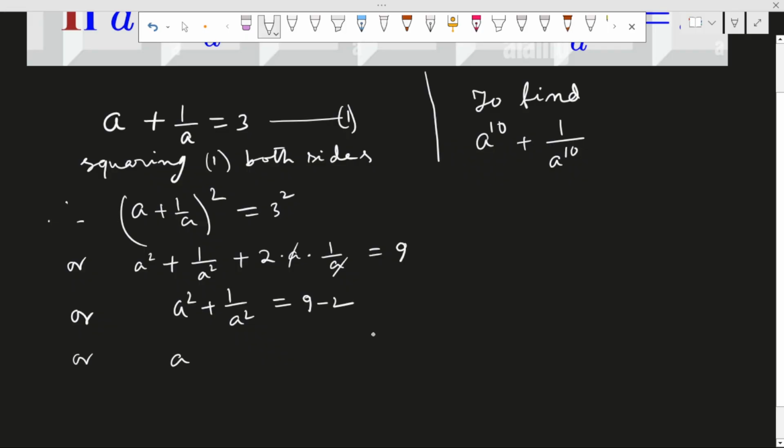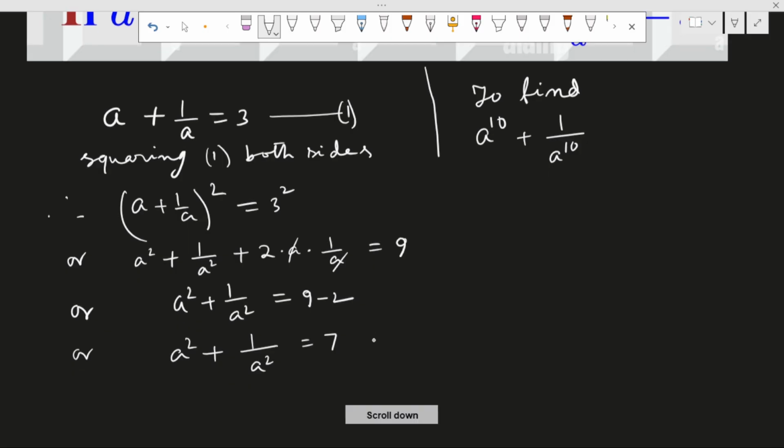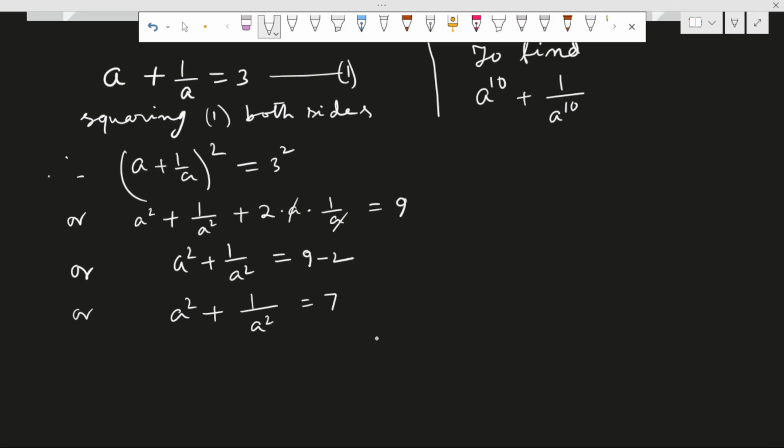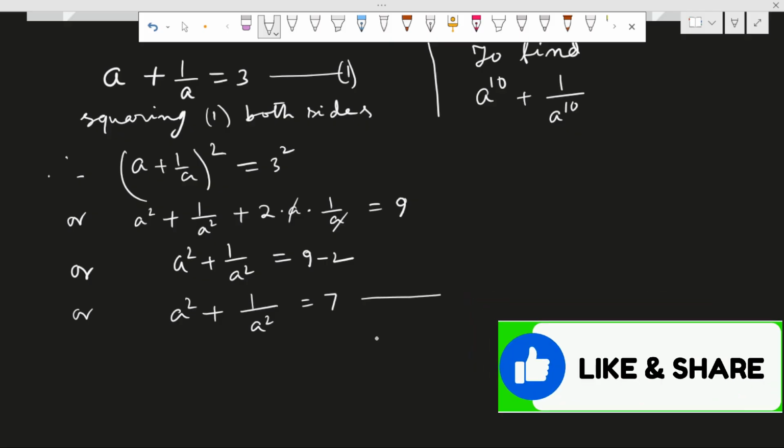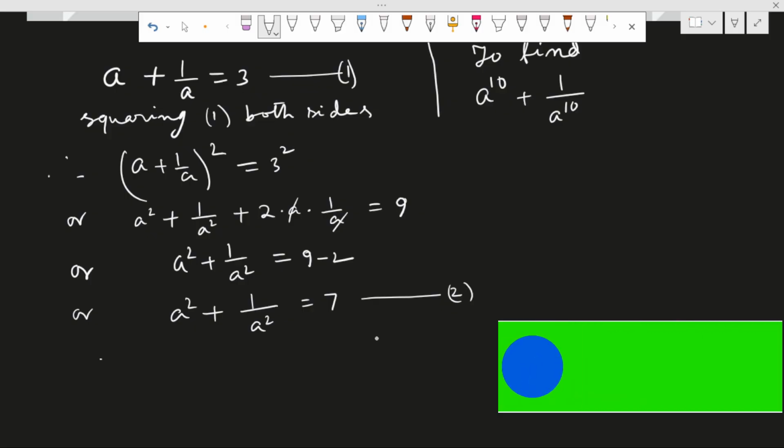Or a square plus 1 by a square is equal to 7. We will try to find a to the power 5 plus 1 by a to the power 5. So now naming this 2.